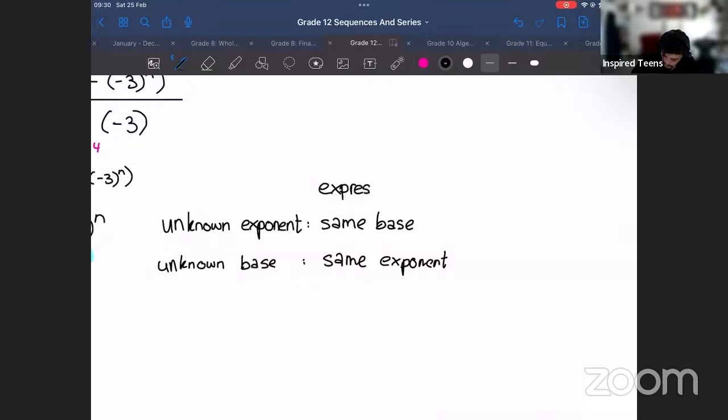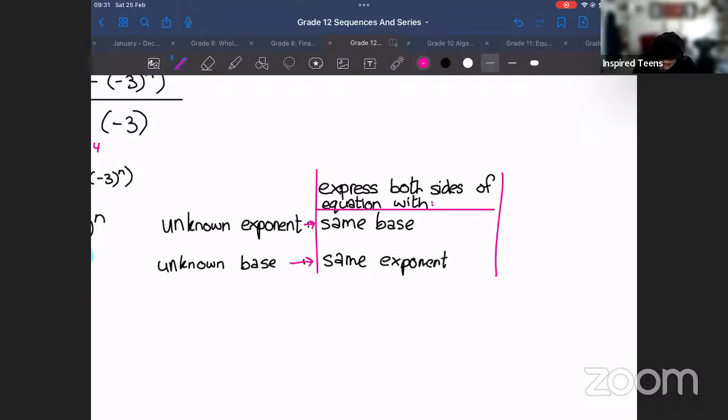Express... Very neat. So that's just a general rule.